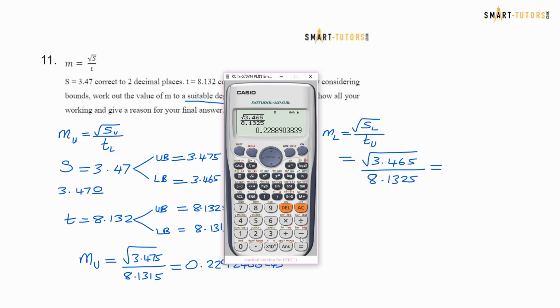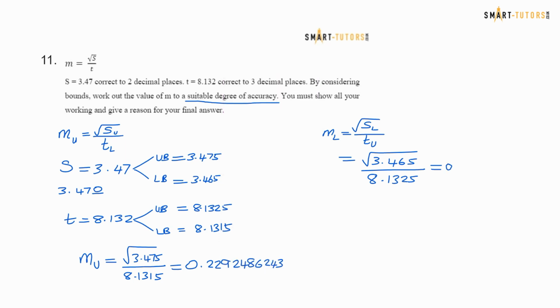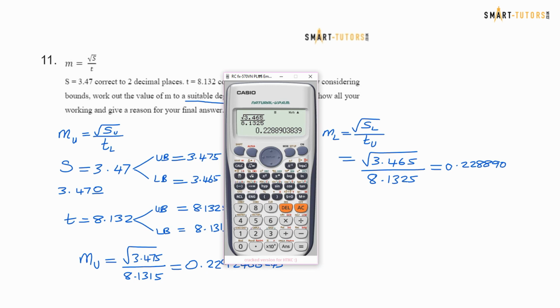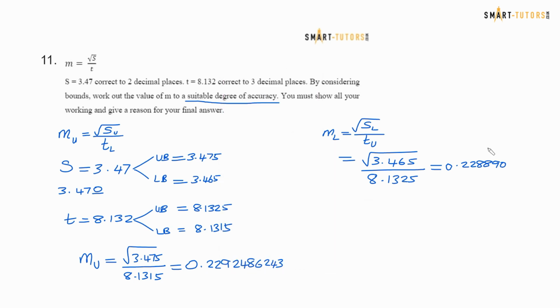The answer is 0.228890, and some more numbers coming: 3839. Right, now we have found the answer, m upper bound and m lower bound.